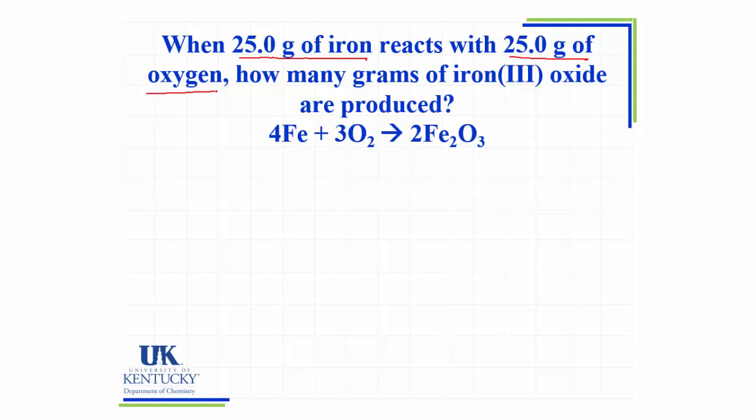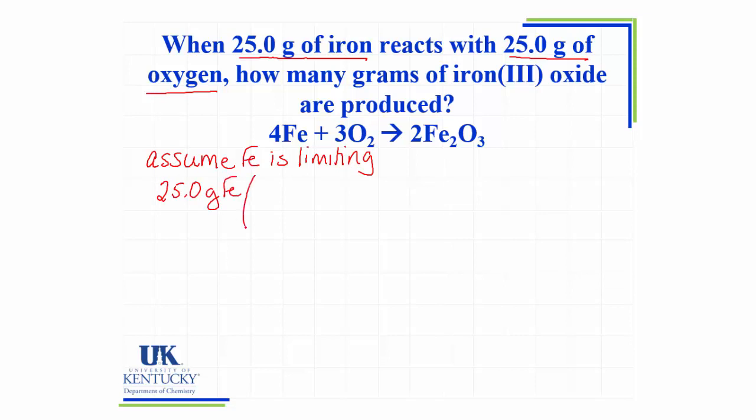The first thing we're going to do is assume that iron is the limiting reagent. If we assume iron is the limiting reagent, we can figure out how much of our product, iron oxide, will be produced if we have 25 grams of iron with excess oxygen.